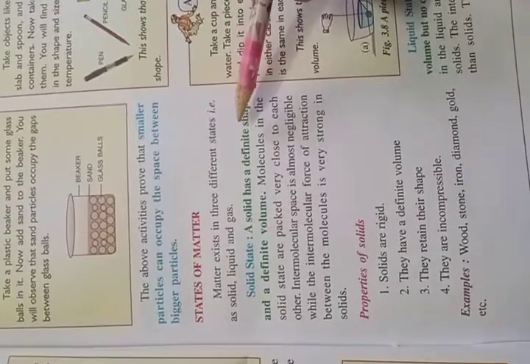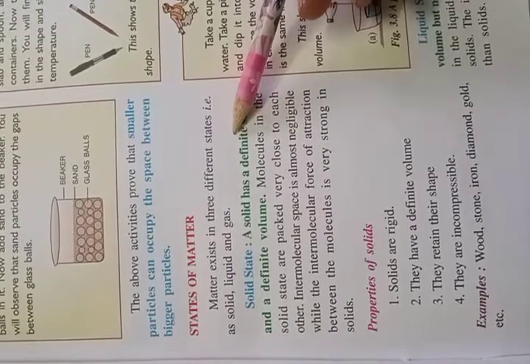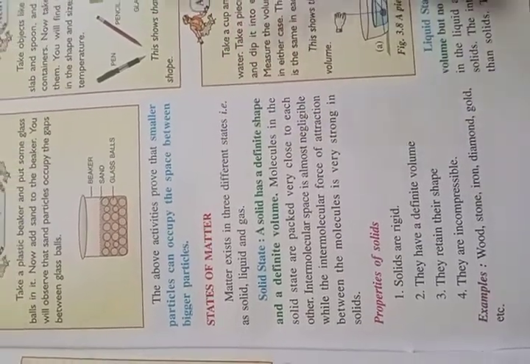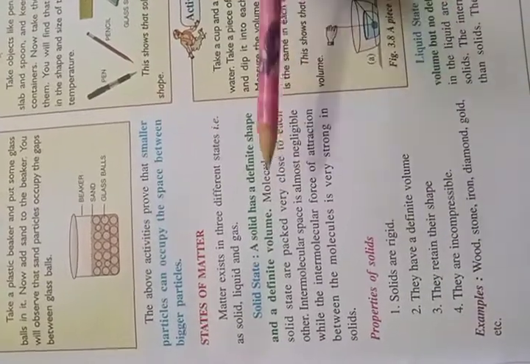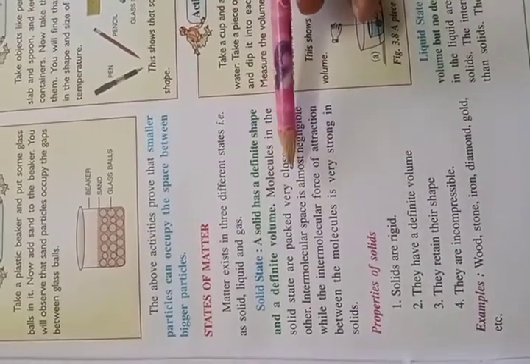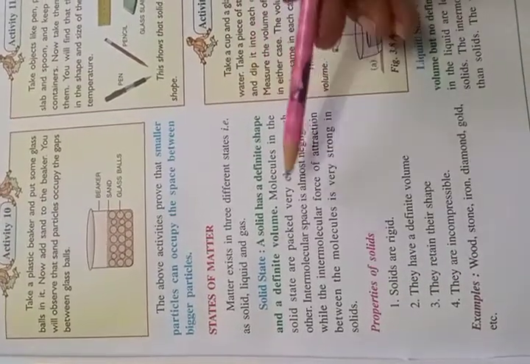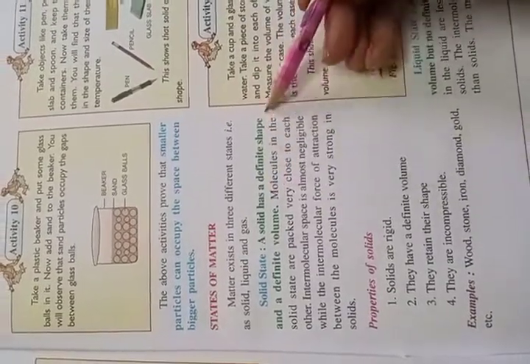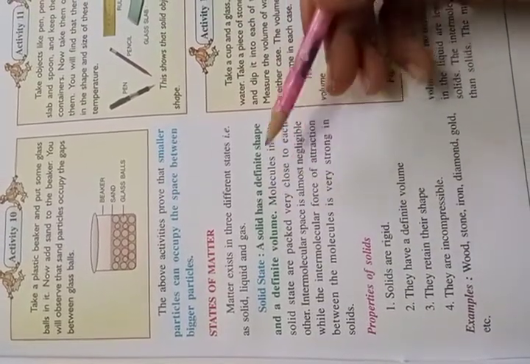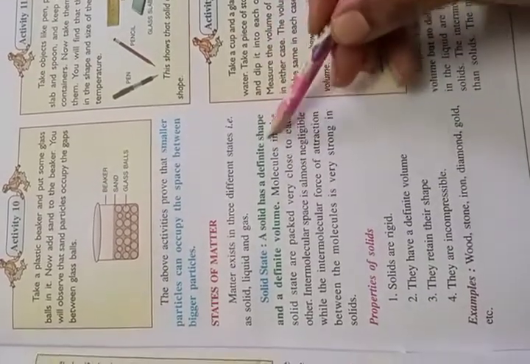Matter exists in three different states: solid, liquid and gas. The first state we study is the solid state. A solid has a definite shape and definite volume, which means any solid thing has a definite shape.